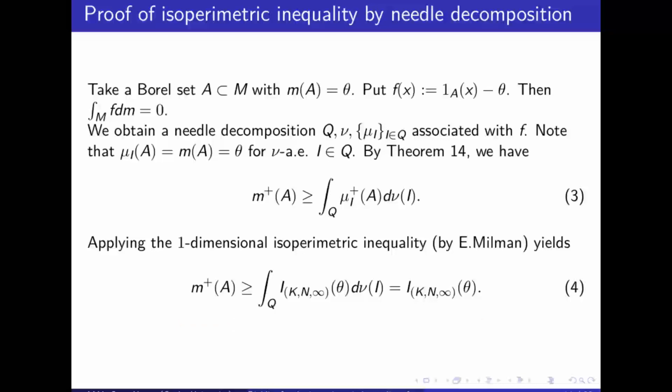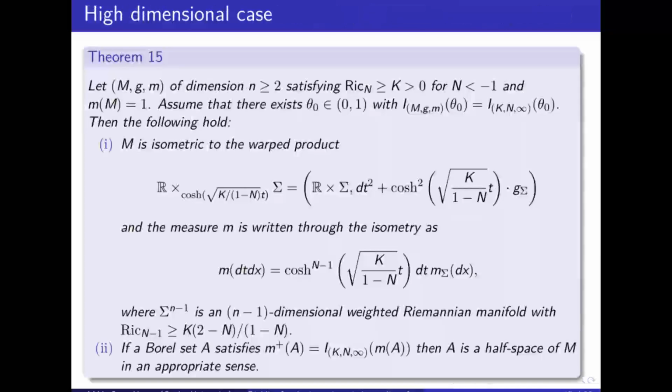Now we use this proof to achieve the main theorem as follows. If a weighted manifold of dimension higher than 1, satisfying the weighted Ricci curvature bound for effective dimension n smaller than -1, and we normalize the volume to be 1, we assume that there exists a volume parameter theta 0 such that the equality in the isoperimetric inequality holds.